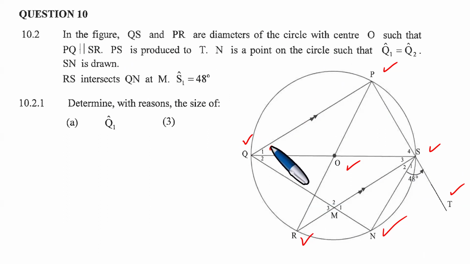N is a point such that angle Q1 equals angle Q2. SN is drawn.